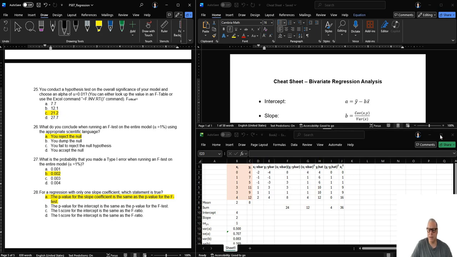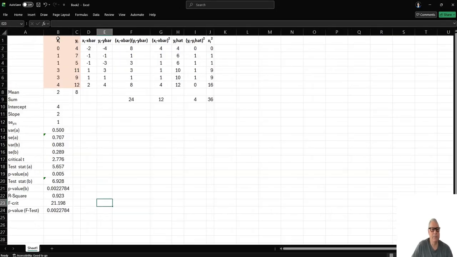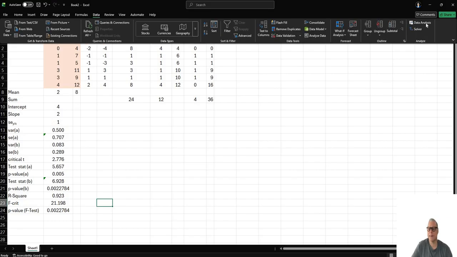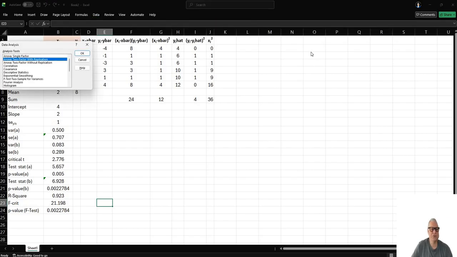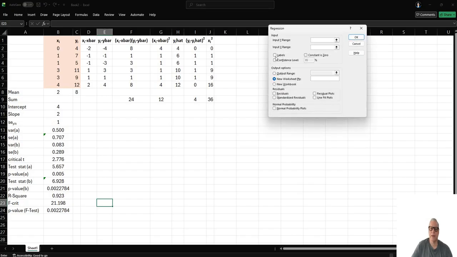So if we now just take a look at our model, of course what we will do is we just go to Data Analysis, and then we can run a regression. So if we go to regression, where is it? Here. Then okay. So our data has labels X, Y, and Yi.